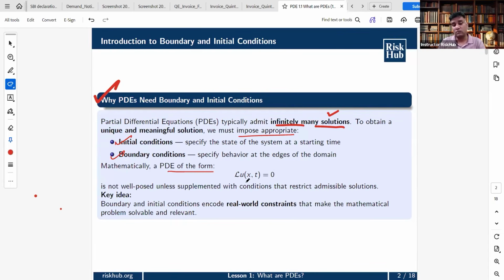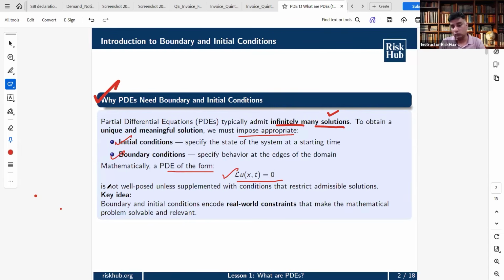Mathematically, a PDE has this particular form, which is given. So a PDE often admits infinitely many solutions unless we impose conditions. The PDE equation is shown here. What does it mean? It is pronounced as L operator applied to U of x and t equals 0.